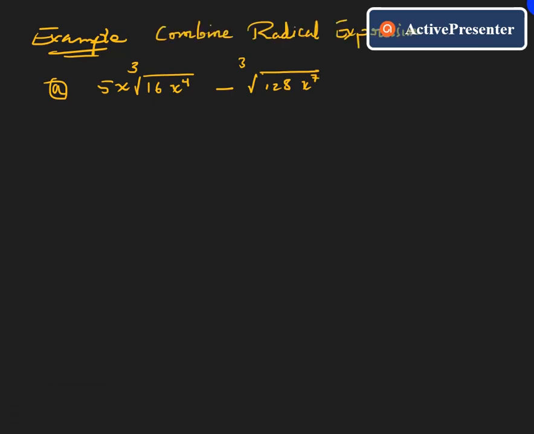Let's take an example to understand how to use like radicals when adding radicals together. 5x multiplied in the cubic root of 16 x to the power 4 minus the cubic root of 128 x to the power 7. What can we do right now? If our question says combine radical expression.